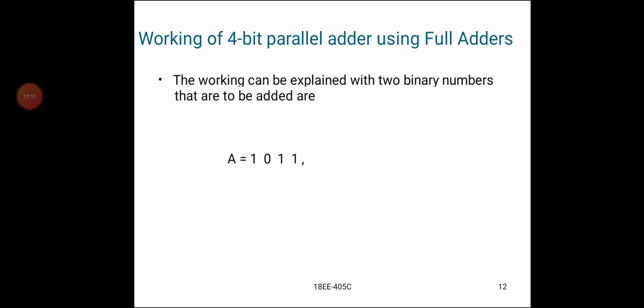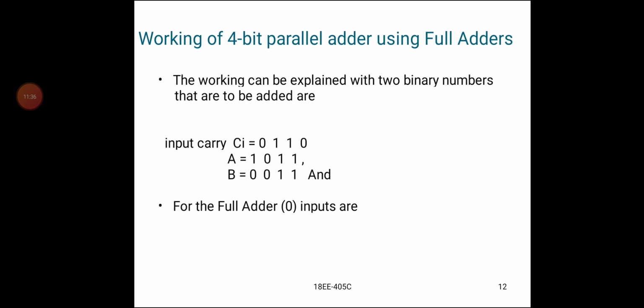The working can be explained with 2 binary numbers to be added: A equivalent to 1011, B equivalent to 0011, input carry equivalent to 0110, and the full adder 0 inputs are A0 equal to 1, B0 equal to 1, and C0 equal to 0.